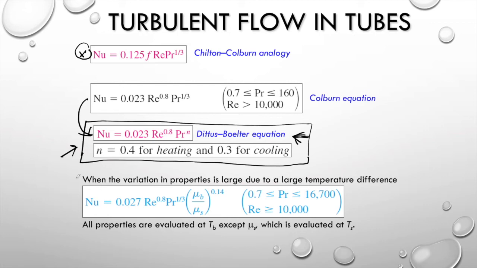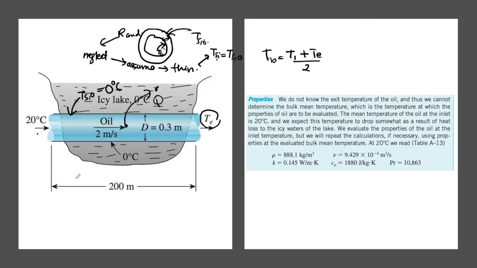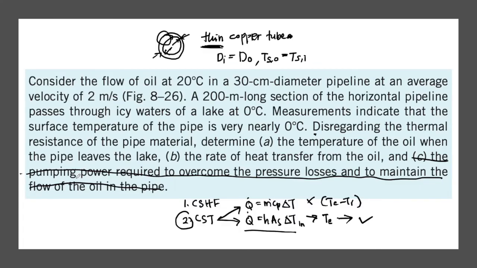What is the importance of knowing about laminar, developing laminar, and turbulent flow? We have to find the heat transfer coefficient, because as I told you before, we have CST. This question falls under constant surface temperature, and we will use Q dot equals h A_s delta T log mean.